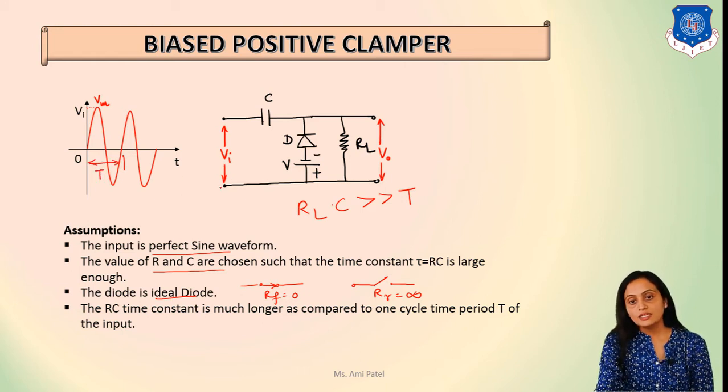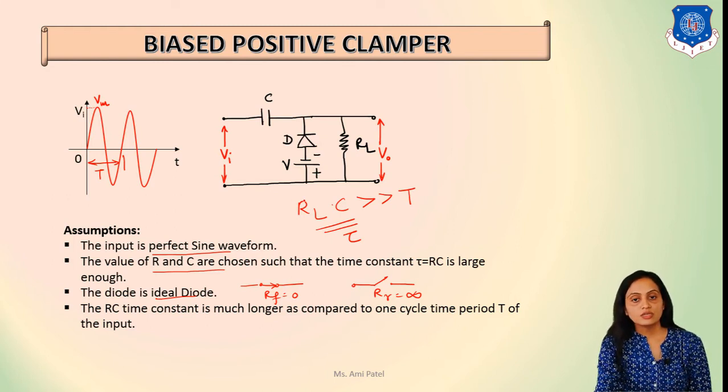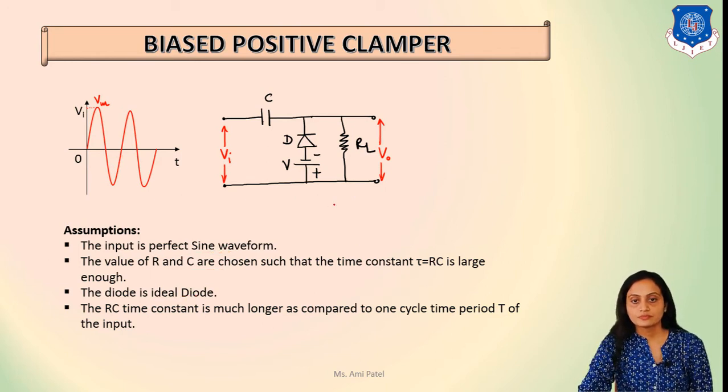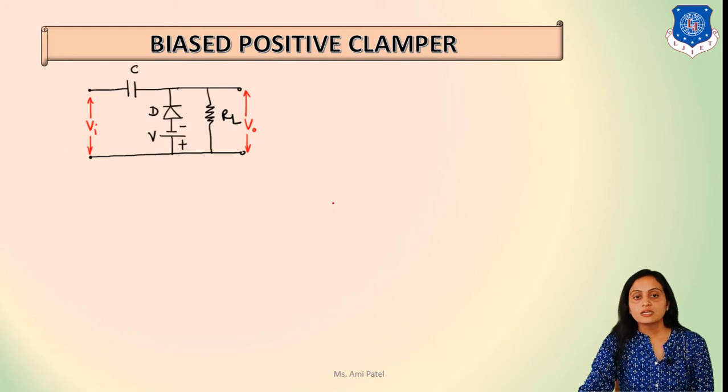RL into C should be very high compared to this time period. These are the things we need to keep in mind while designing the clamper circuit. So this is the circuit diagram of the clamper.